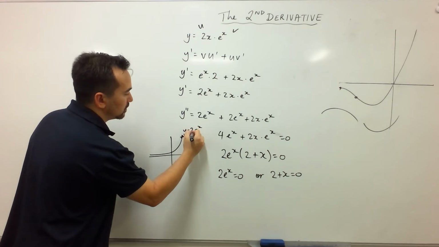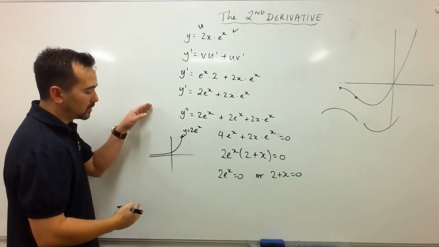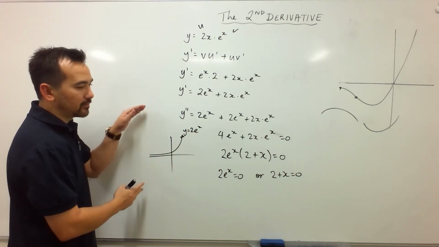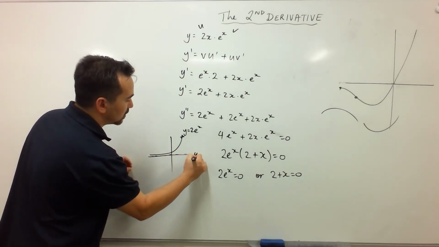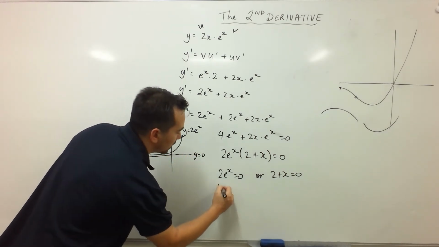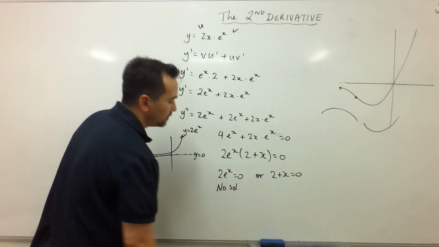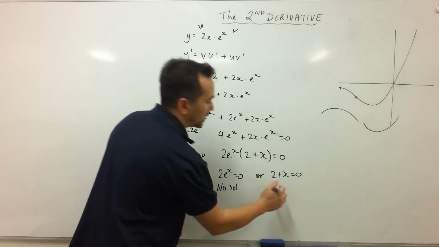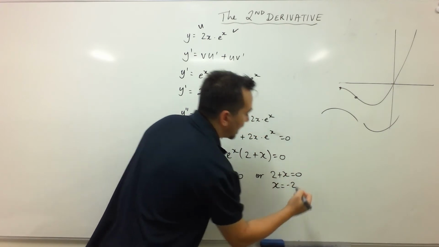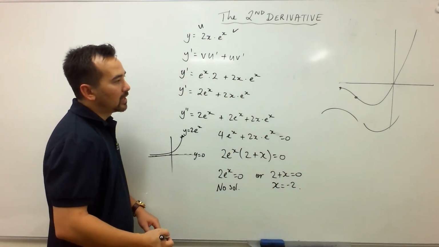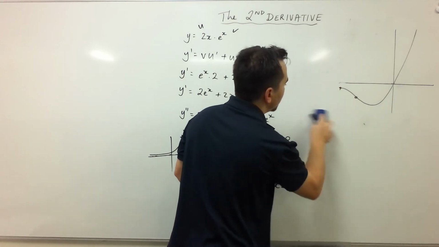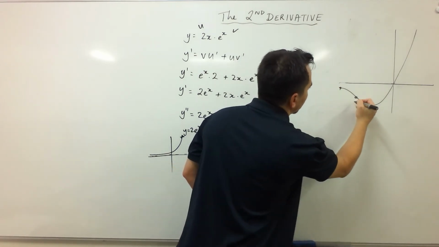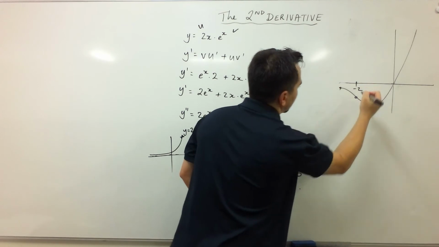The 2 only increases the amplitude, increases the vertical shift, so there is no value where it touches y equals 0. This is a no solution. And over here we have one solution, and that's what we were looking for. So the point of inflection, which is right here, happens at x equals -2.